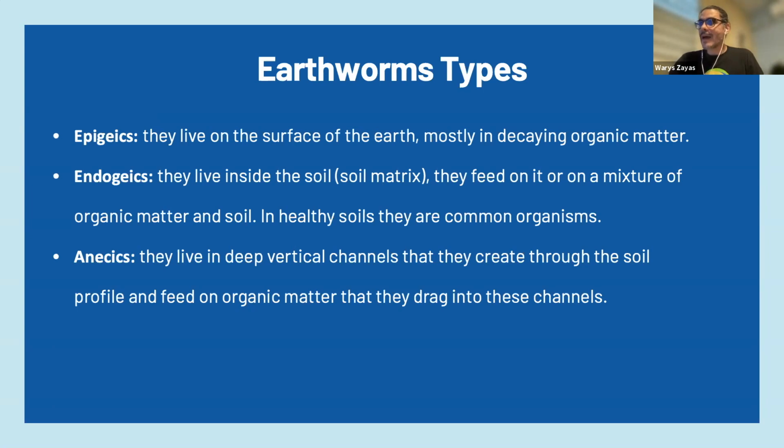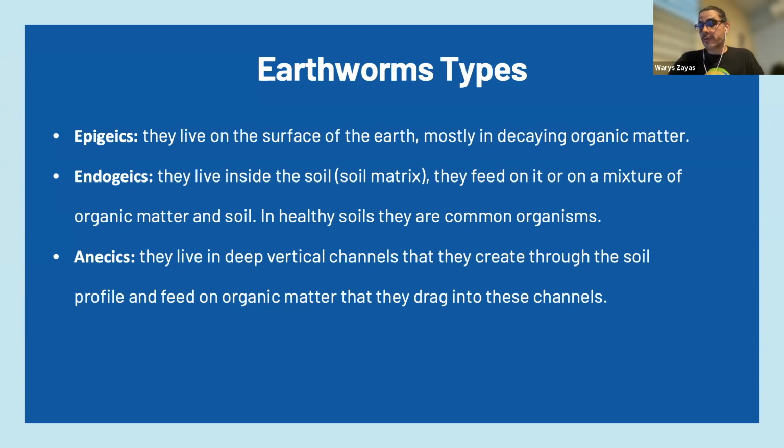And sometimes anecic worms could be a headache for soil health, because if their population is high, they probably tend to damage some of the physical aspects of the soils. But in natural environments where they have been living for hundreds of thousands of years, they have natural predators that keep the population at the right numbers of individuals, right?